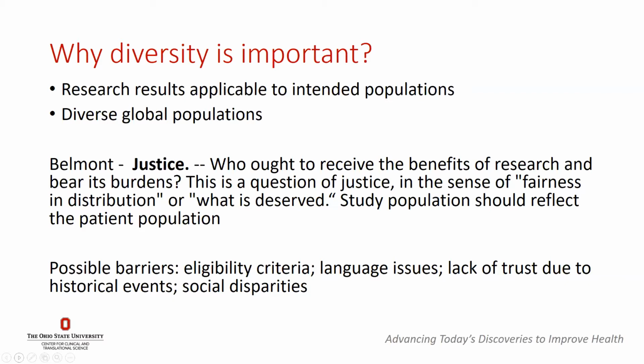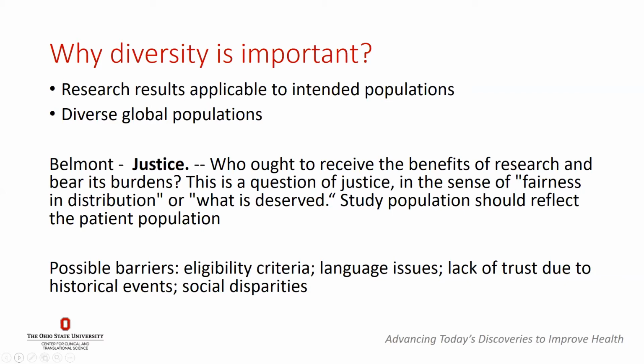I was surprised to find that we've also got quite a few Native American populations here within the central Ohio area. So in order to enroll in our studies to better reflect the population that we have, we need to be sure to diversify our enrollment so that the study results reflect all of those population individuals.